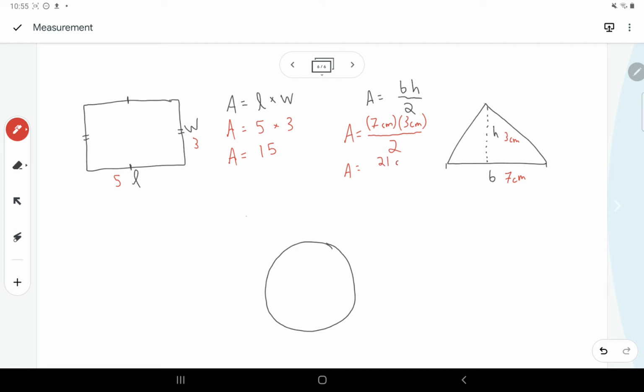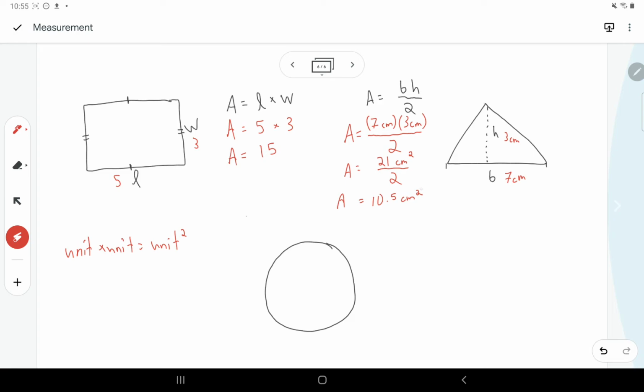So 21 centimeters, and here's the key, squared, because whenever we multiply 2 units together, we get it squared. So any unit times a unit equals unit squared. In this case, centimeters times centimeters equals centimeters squared. You come back here, do the division by 2, and 21 divided by 2 is 10.5 centimeters squared.